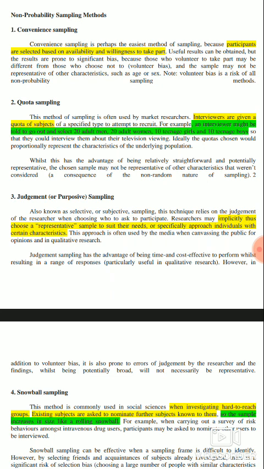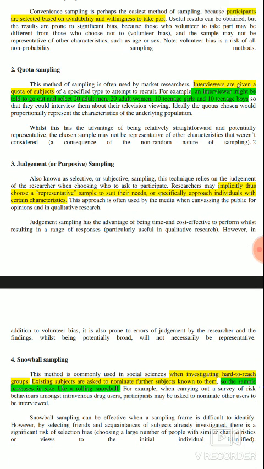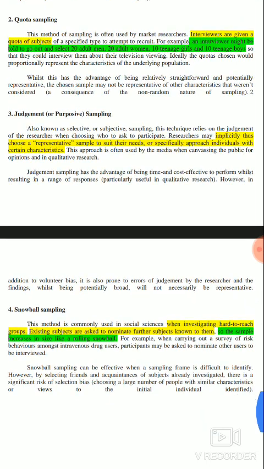Between these three categories, we can take samples. That means we can take samples from all categories or any one category. That is called quota sampling. I give one more example for quota sampling. The class will be divided into two categories like girls and boys. From the girls' side you have to take 5 samples, from the boys' side you have to take 5 samples. That is called quota sampling.